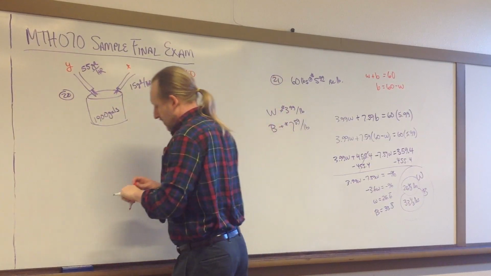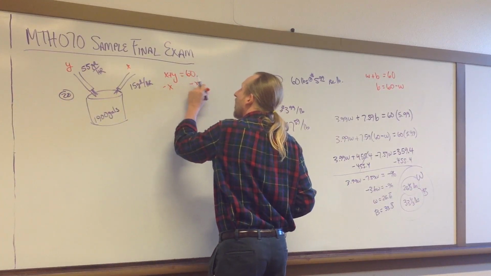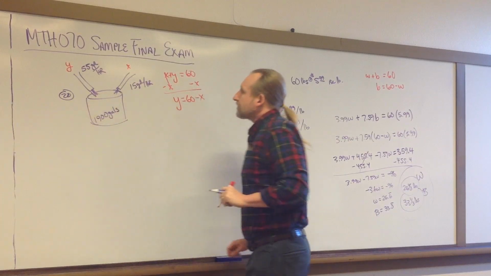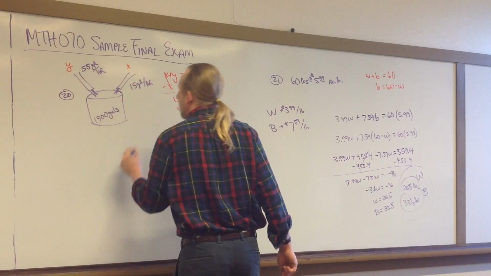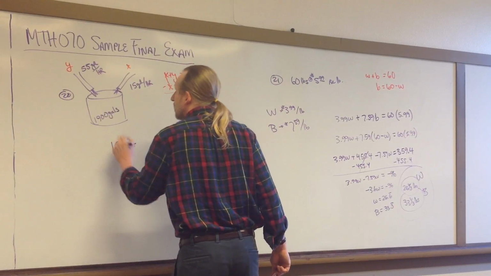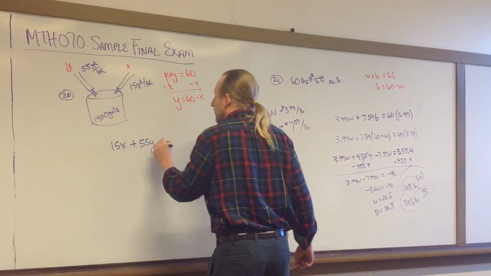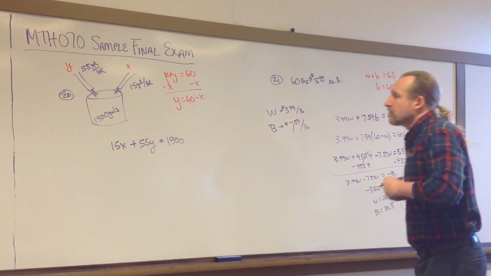Let's see here. I'll move the x to the other side. Y is 60 minus x. Okay, now it's 15 gallons per hour times x hours plus 55 gallons per hour times y hours should fill up that 1,900 gallon tank.